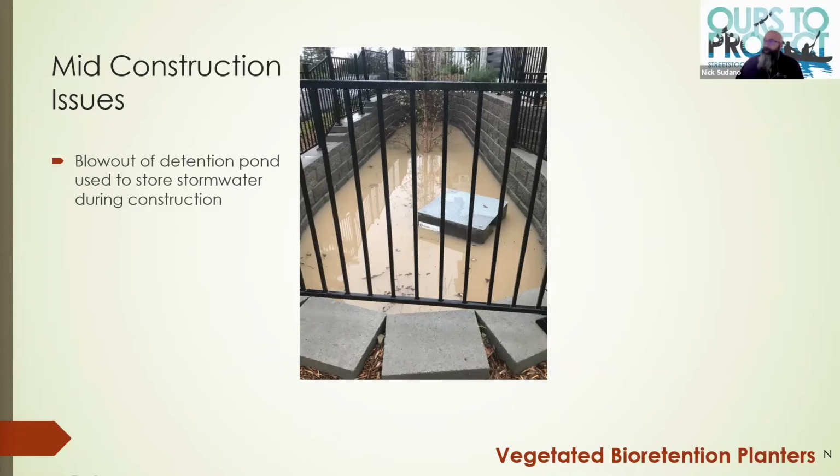So again, how these are designed and the elevations are things to watch out during construction, but also to be mindful of after you have a design storm event. Go look at your feature after it's been installed to make sure that it's performing accordingly. And again, we do not want to see these used as detention ponds during construction. This is exactly what we're trying to avoid.